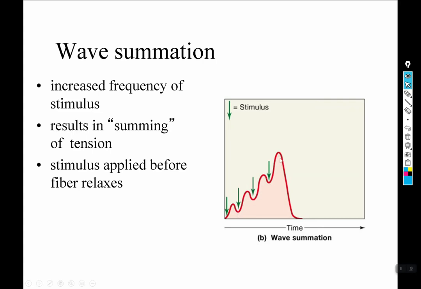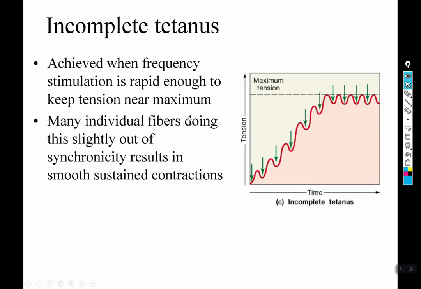If we have incomplete tetanus, we have climbed all the way up to maximum possible tension with only short periods of relaxation possible. So we're not sitting at maximum tension all the time, but we're sitting pretty close to it, so that if we continue that same frequency of stimuli, we're going to have this pattern form where there's a plateau at the top, not a flat plateau, but a squiggly plateau.